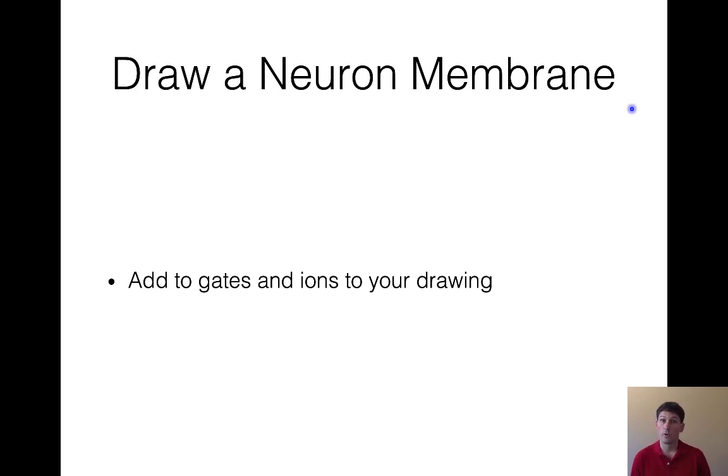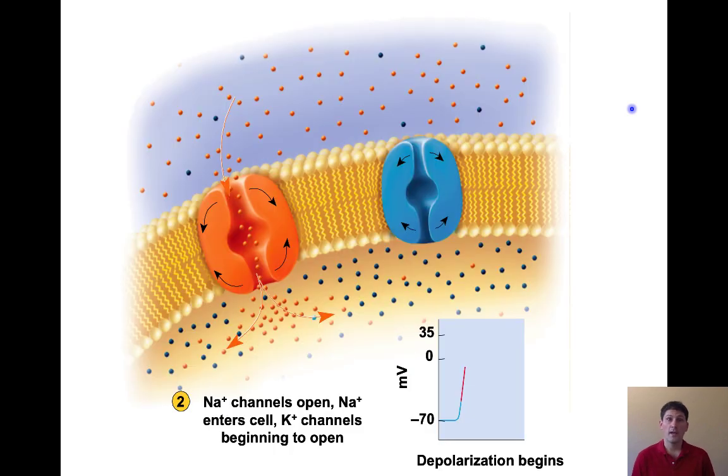Okay, so hopefully that wasn't confusing, and what you should have added to your drawings is that you have open sodium channels. So sodium is rushing in, as we said, stimulating more sodium channels to open and causing a quick increase in that voltage.